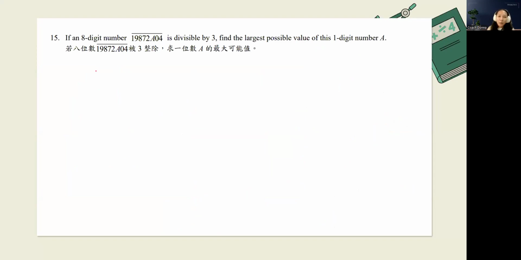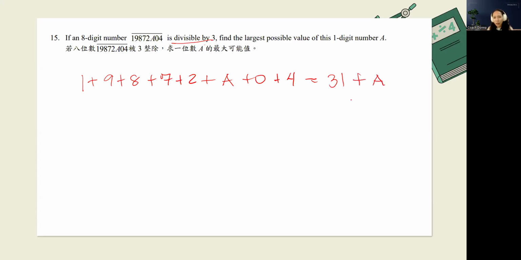Remember the divisibility rule of 3, we need to add all the numbers. 1 plus 9 is 10. 8 plus 2 is another 10, that's 20. 7 plus 4 is 11, that's 31. 31 plus A is the result.